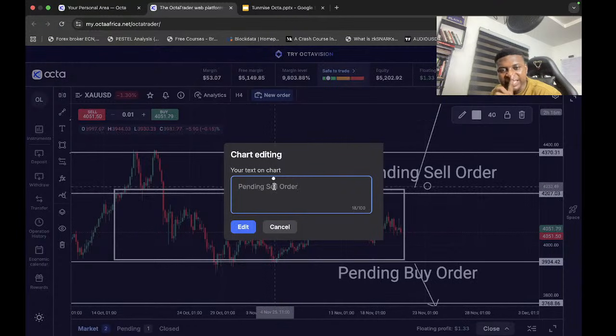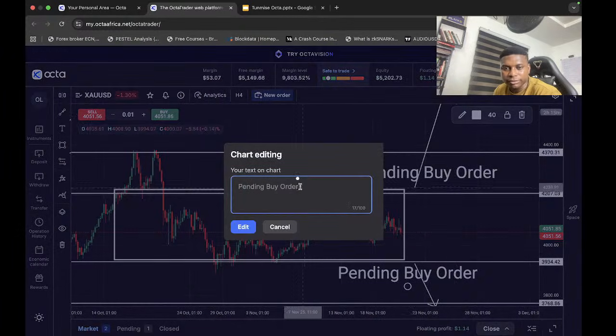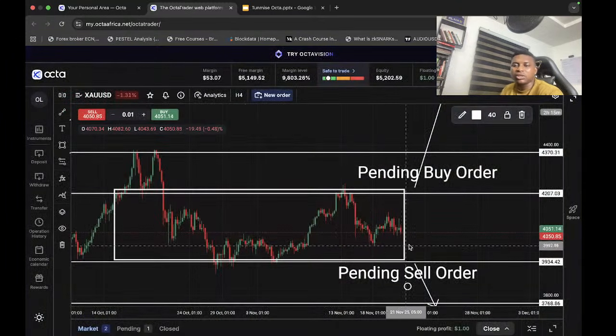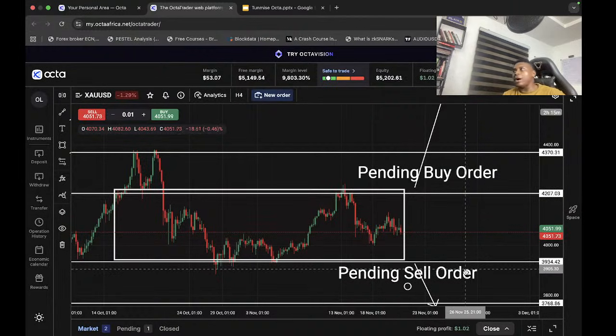Set a pending buy order here, and a pending sell order here. Because we are trying to position ourselves such that if price breaks up above, our buy order is triggered, and if price breaks downward below, our sell order is triggered. So that is the best way we can position ourselves for the gold market currently.